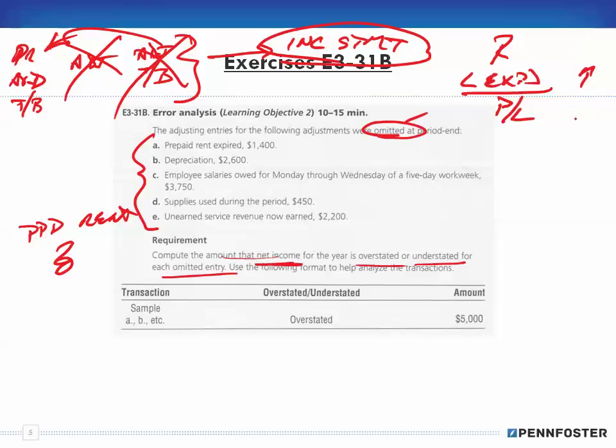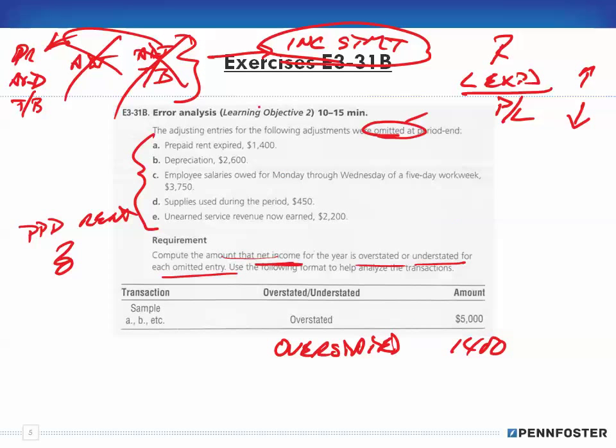And if my expense account increased, that means my profit or loss would have decreased. So by not making the entry, the profit or loss is overstated. Okay, so overstated by the amount of $1,400.